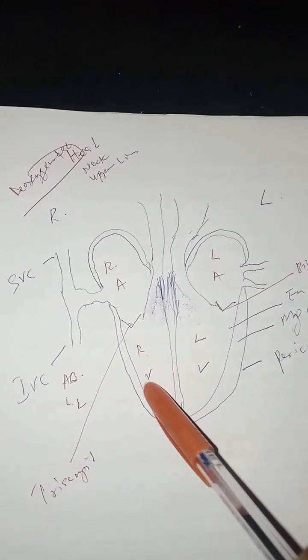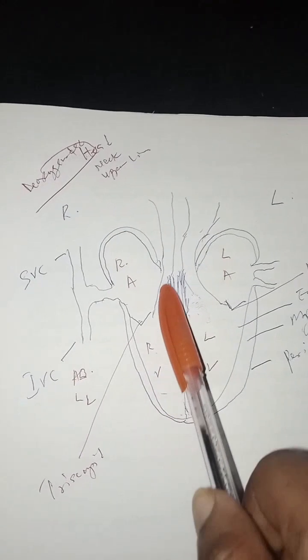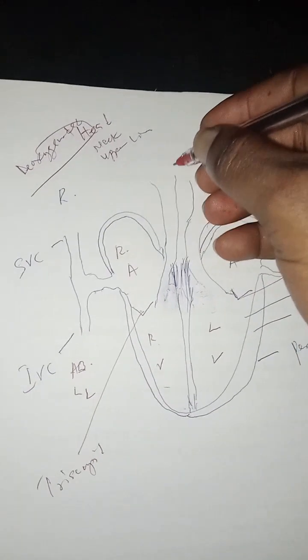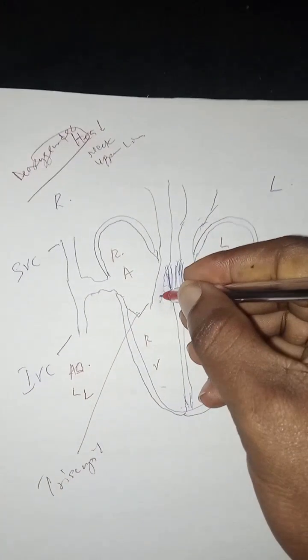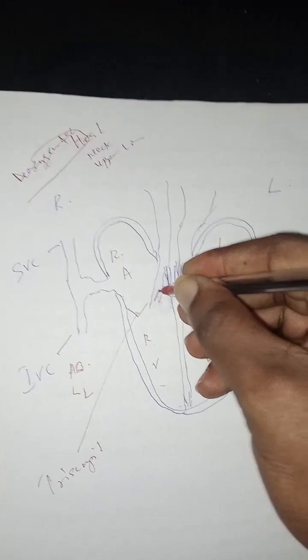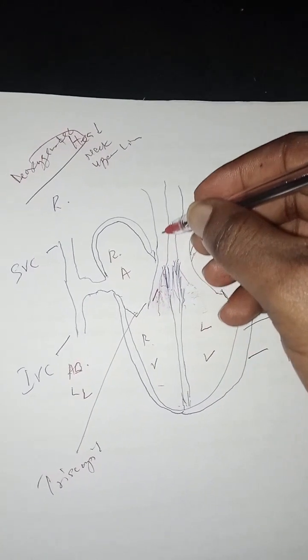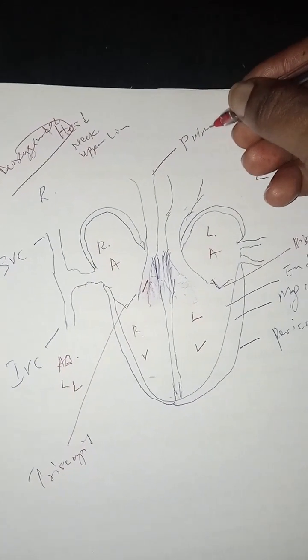So when the blood is at the right ventricle, the blood pumps and passes through this channel into this valve you are seeing here, which is the pulmonary valve. There is a valve here through which the blood passes, and the blood enters into this channel, which is known as the pulmonary artery.